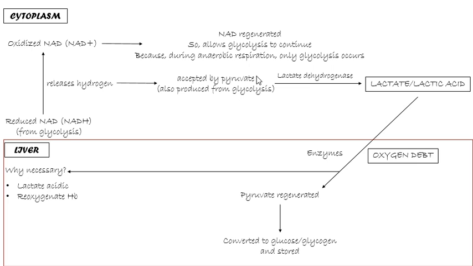So when pyruvate accepts the hydrogen released by reduced NAD, it becomes reduced to form a compound called lactate or lactic acid. And the conversion of pyruvate to lactic acid is catalyzed by an enzyme known as lactate dehydrogenase.